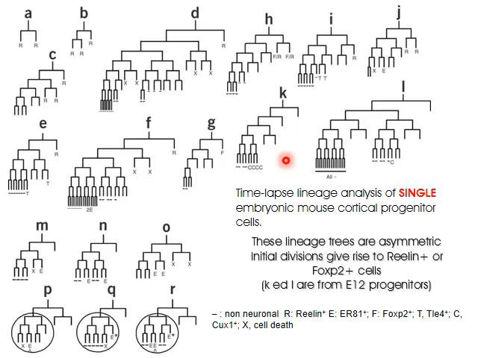Thus, this study provides evidence that a single cortical progenitor can give rise to multiple cell types, but at the same time it does not clarify whether the lower layers 5 and 6 or the upper layers 2, 3 and 4 have a common progenitor.